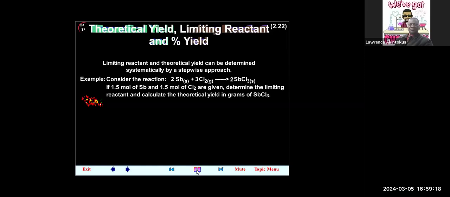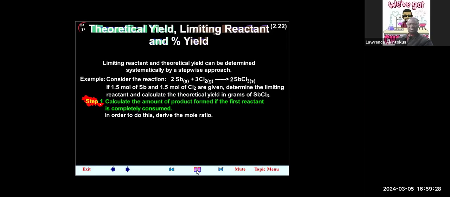Step 1. Calculate the amount of product formed if the first reactant is completely consumed. In order to do this, derive the mole ratio. Remember, mole ratio equals moles desired divided by moles given.